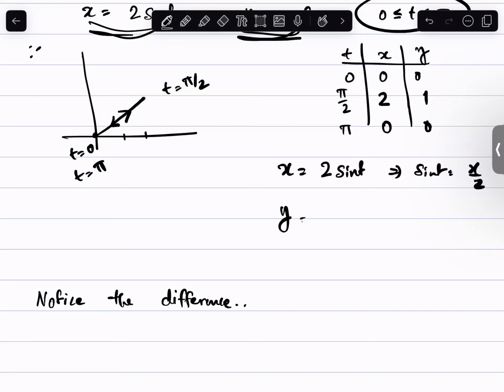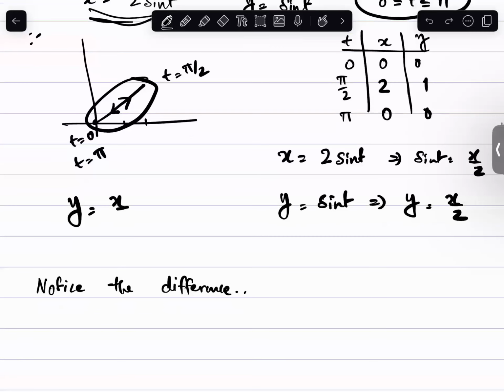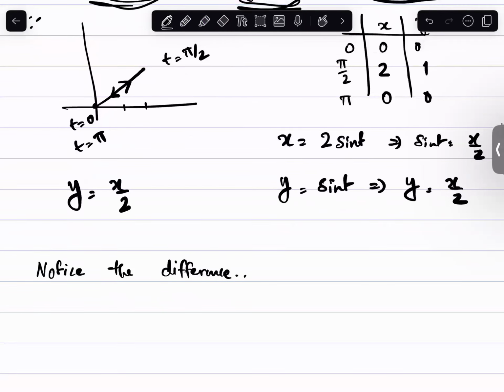And again, y equal to sine t implies y will be x over 2, right? So this graph is the same as y equal to x over 2. But if you use some graphing calculator to draw the graph of y equal to x over 2, you'll get only this.